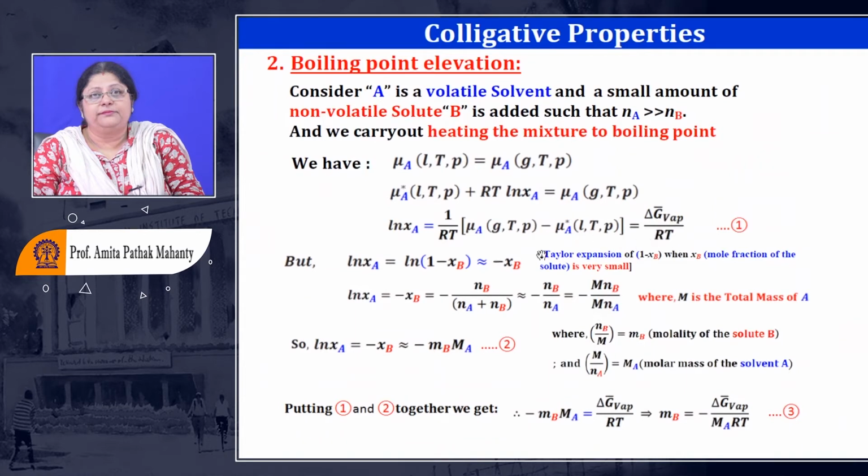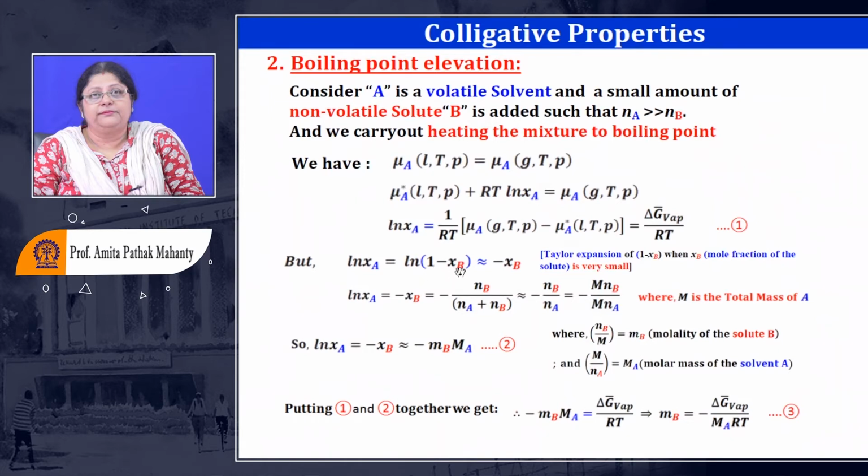Now, if we are applying this ln of the mole fraction of A, what we can write is ln of 1 minus xb, because only two components are present, xa plus xb must be equal to 1. So I can write xa in terms of 1 minus xb.